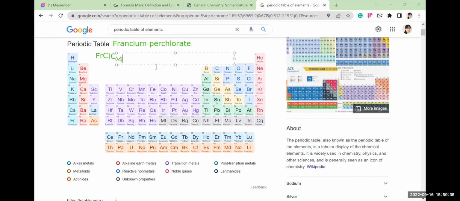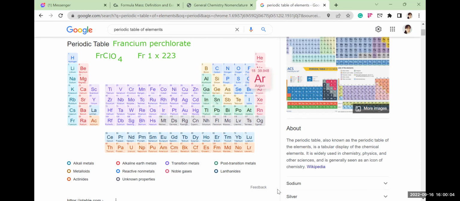Now, FrClO4. Very good. So now, how do you compute for the atomic mass units? So let's write that down, each ion one by one. Francium. How many francium ions do you have? 1. What's the atomic mass unit of francium? 223. Okay, let's check. Very good.